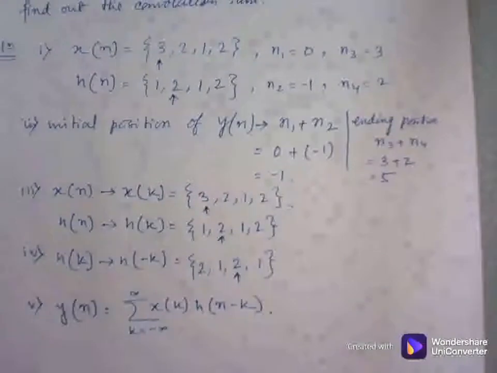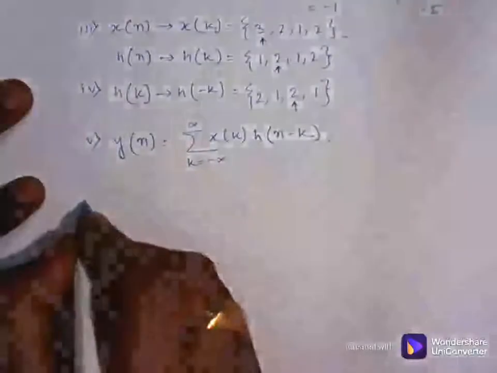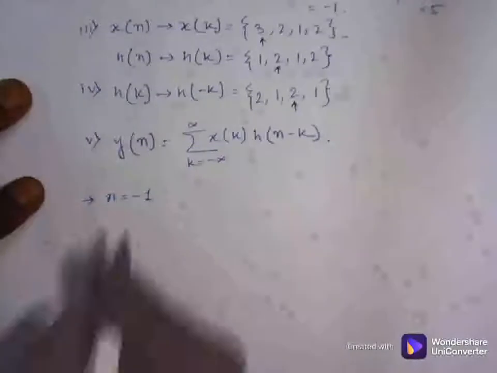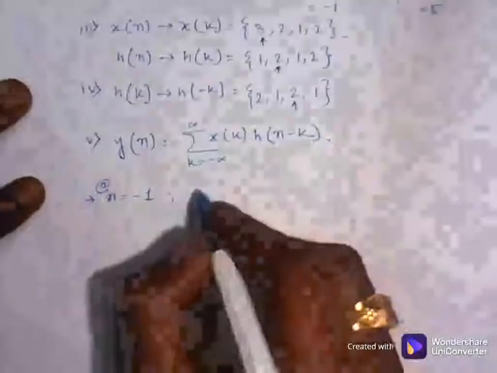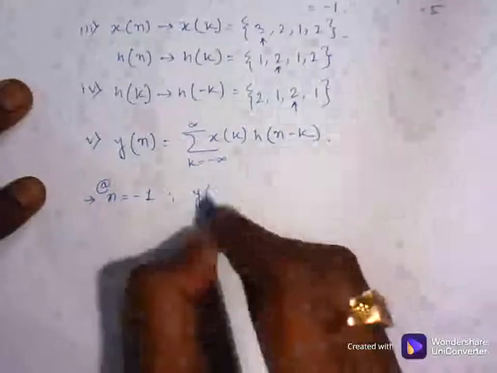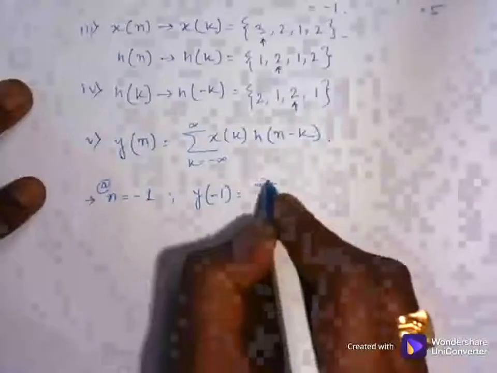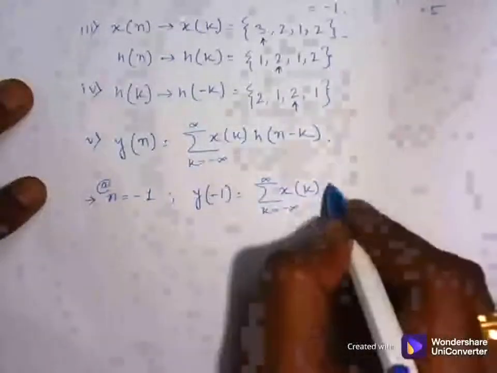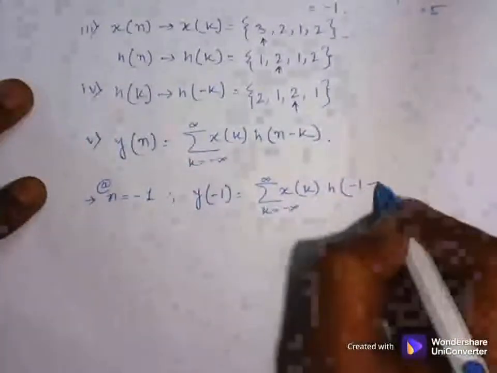Now I have to calculate the values. First, n equal to -1. So y of -1 equals the sum over k from minus infinity to plus infinity of x of k h of -1 minus k.